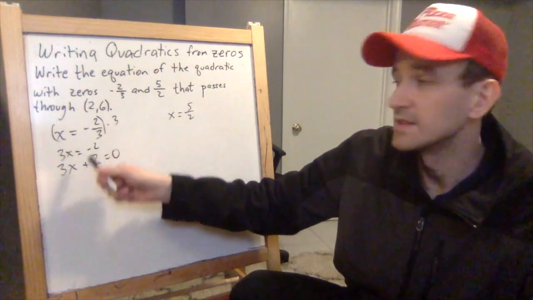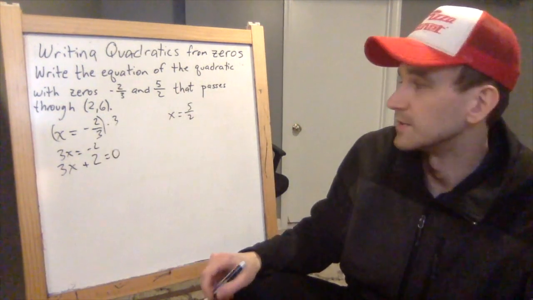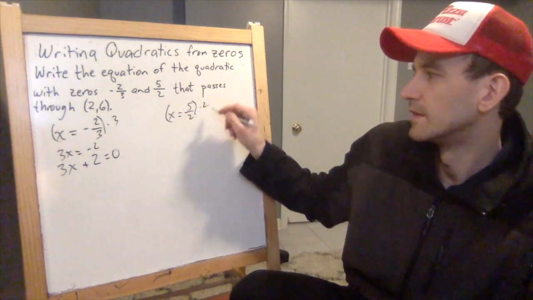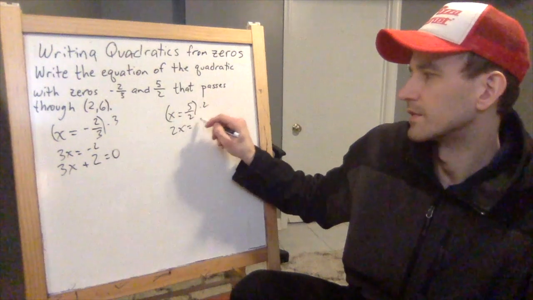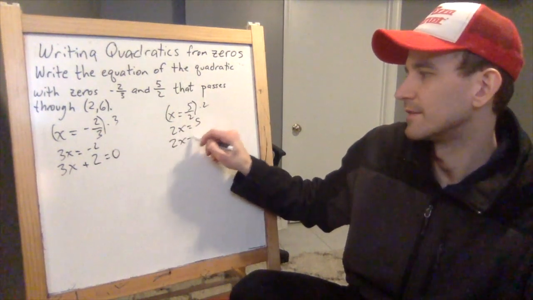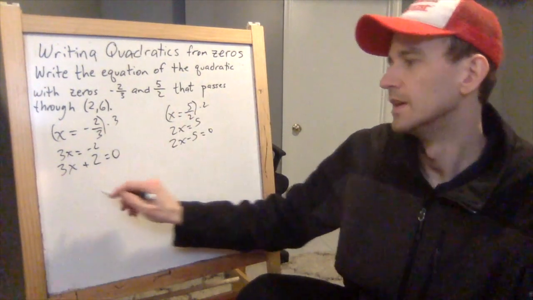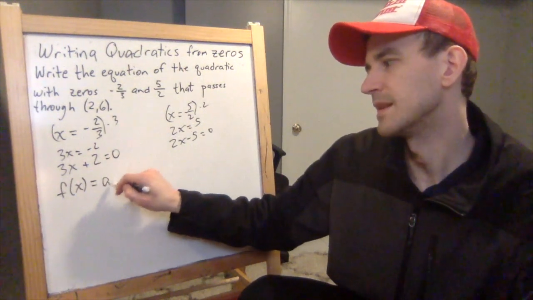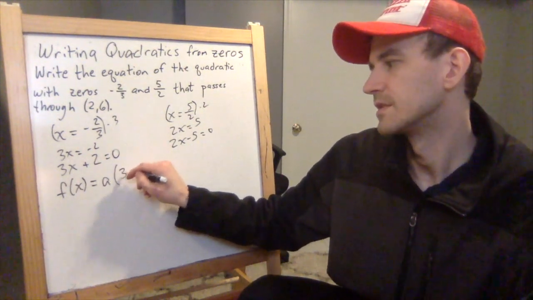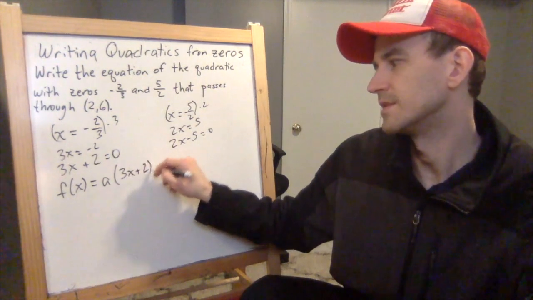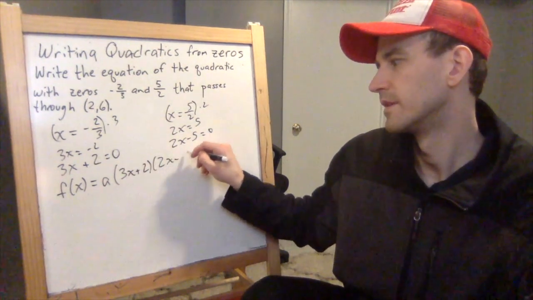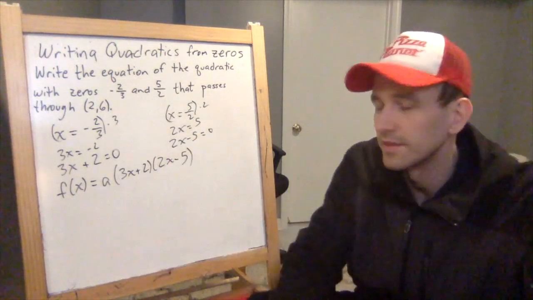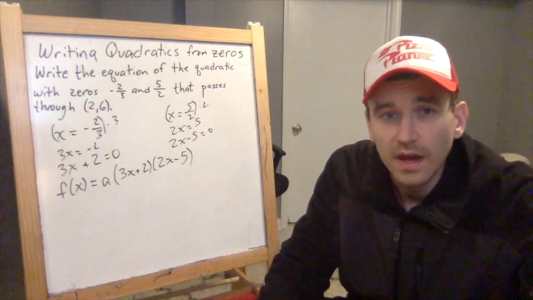So I get 3x plus 2 equals 0. And this one here, if we multiply by 2, you get 2x equals 5, subtract the 5, 2x minus 5 equals 0. So we get that this function is equal to a times 3x plus 2 times 2x minus 5. These are the two factors that go with those zeros.